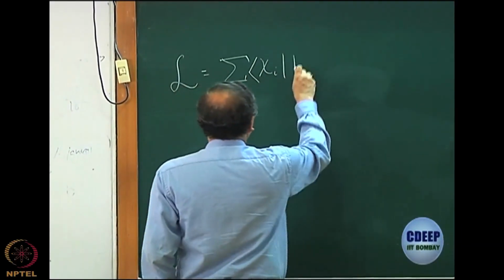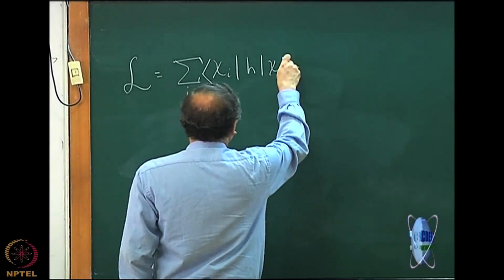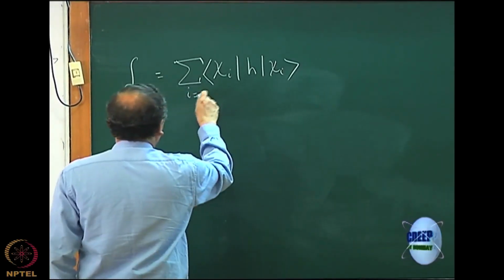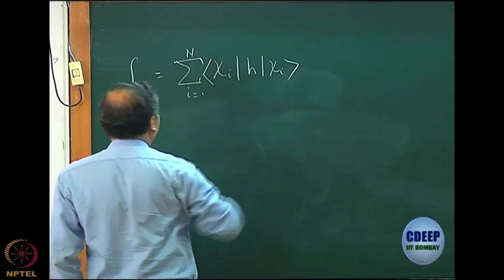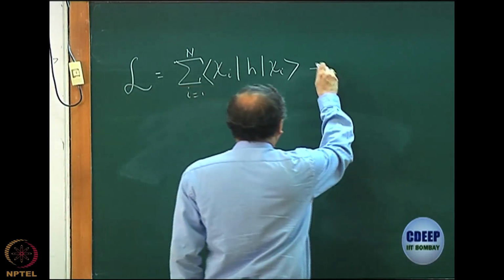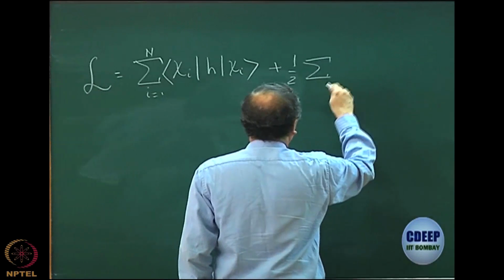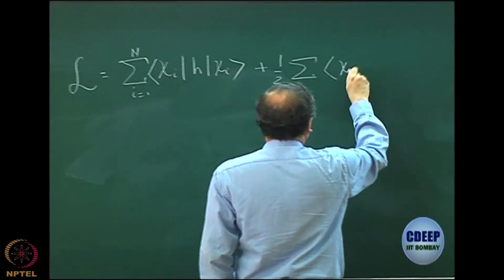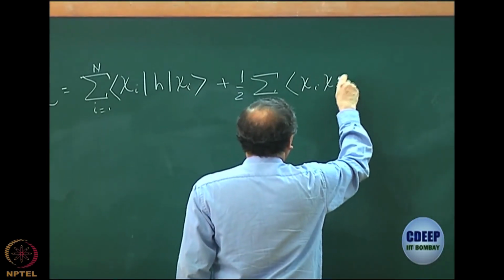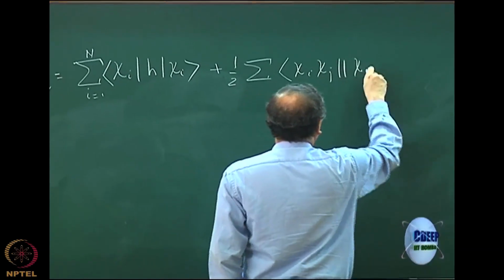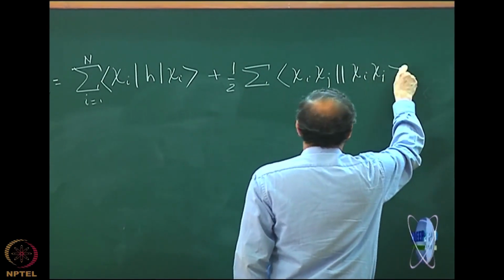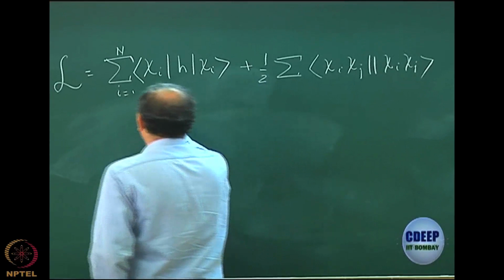So, chi I, H chi I, this is the one particle summation over all the n spin orbitals, plus half of the antisymmetrized, we have written it, minus sum over.